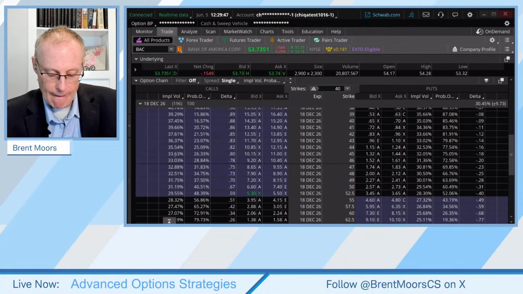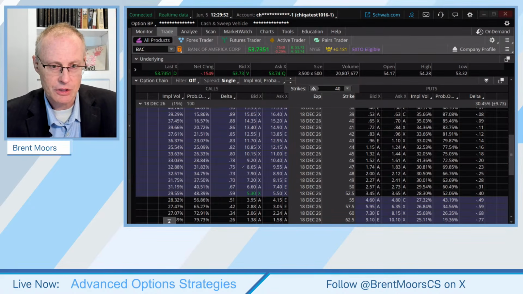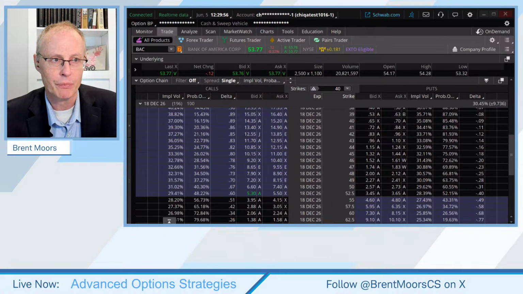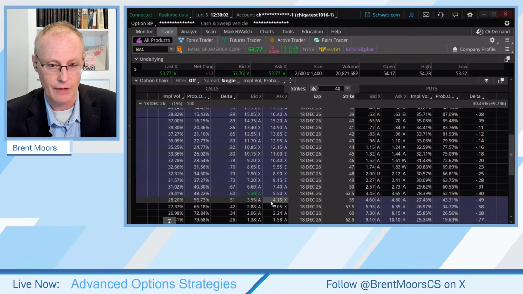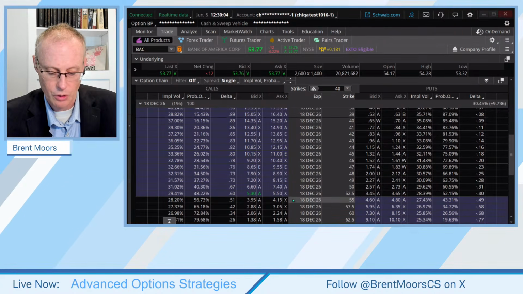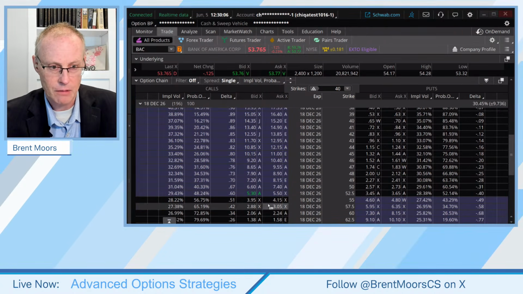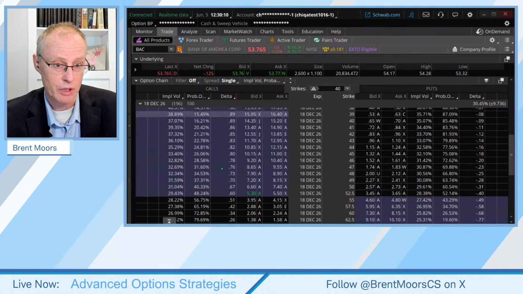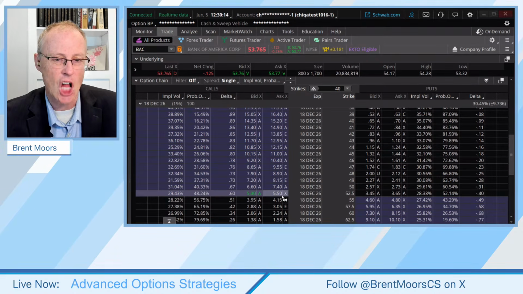But in this case, let's look at the chart to try and get an idea. By the way, you can also look at the delta and get an idea. If I'm going in the money, I can go to like a 60 delta. It's a little shorter time for this, so it's going to be a little cheaper than the other one. This is about a $550 price.